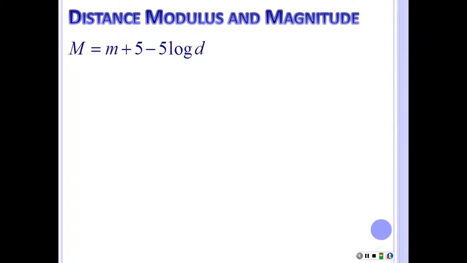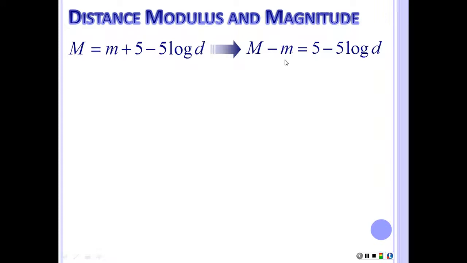Okay, this takes us to the distance modulus, which is something that if you read some especially older articles in astronomy, you'll find that this is used as a way of thinking about distance. So rather than actually quoting a distance, the distance is uniquely defined by the difference between the absolute magnitude and the apparent magnitude.